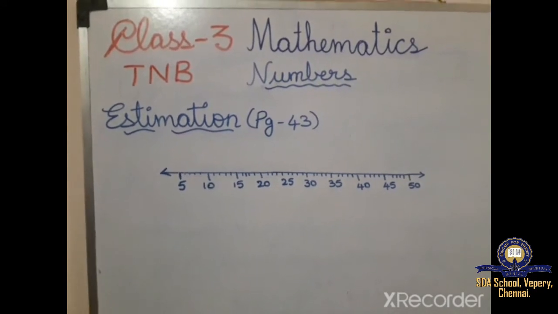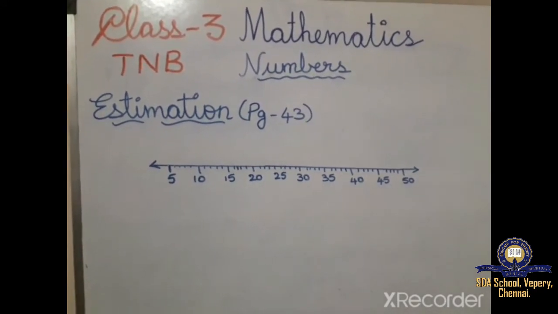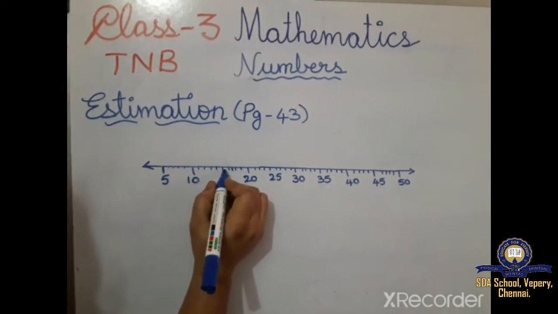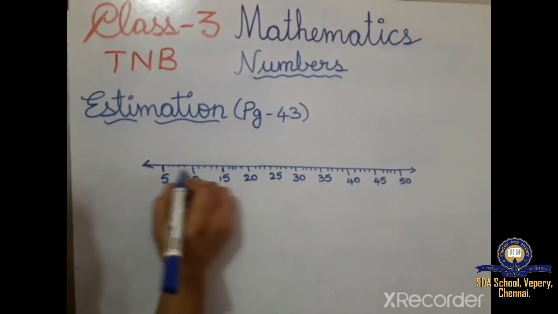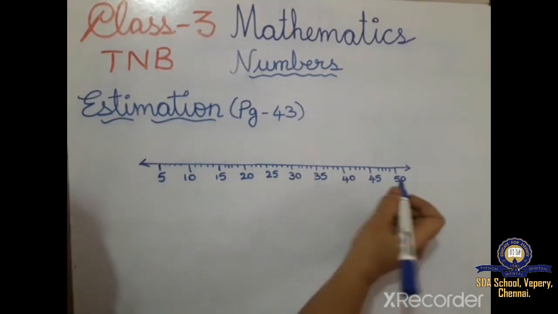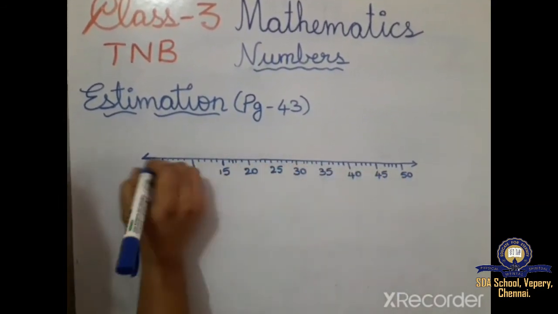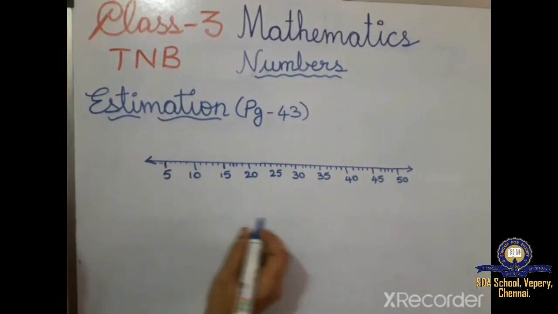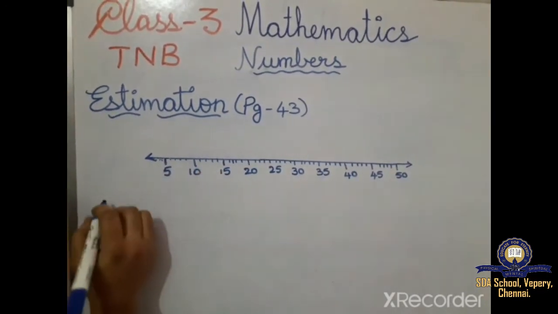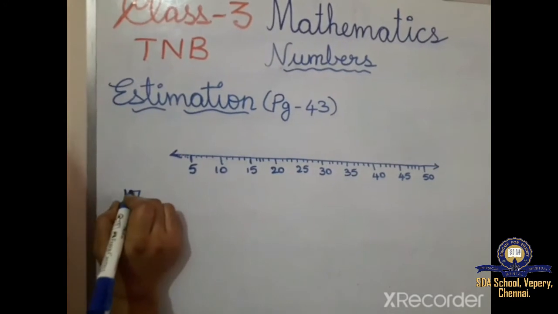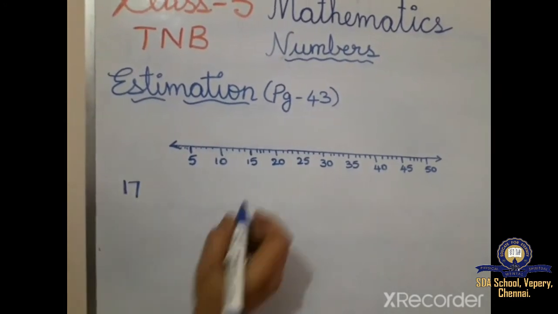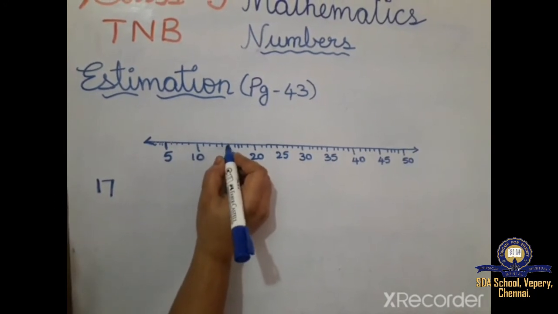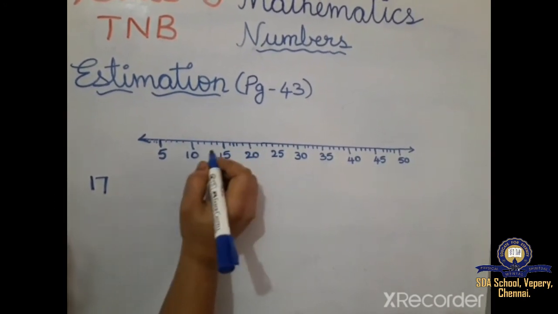For example, if I give 17. This is the scale from 1 to 50. Now the number I took is 17. 17 will come between 15 and 20.